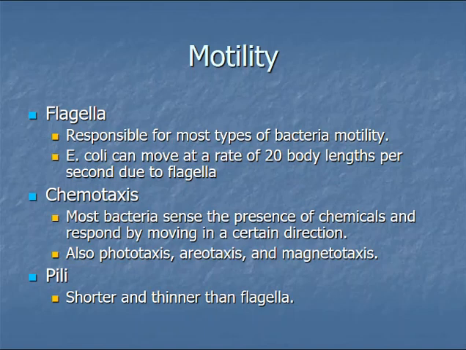A lot of times they are attracted to certain chemicals and move towards or away from that, but they can also move towards or away from light, air, or magnetic fields. All those things can cause movement of the bacteria. And then some will have pili instead of flagella, which are just shorter, thinner hair-like structures that help with the movement.